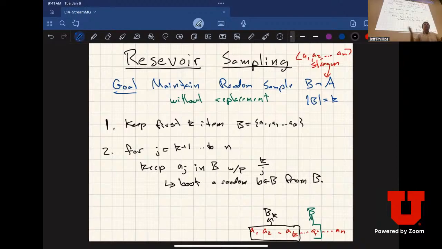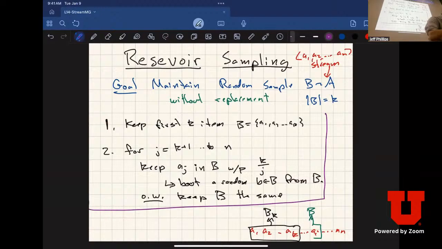Well, that's uniform, so they should all be equally likely to be thrown out. And otherwise, if I do not keep it, then I'm going to keep the same. Okay, great. So this is the whole algorithm here.